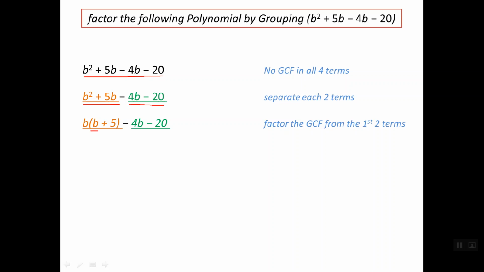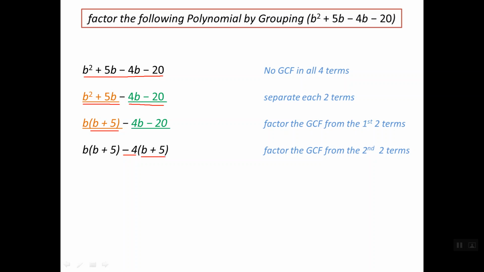So the remaining is b plus 5. And we can follow the same steps for the last two terms. If we factor out the minus 4, the remaining is the b plus 5.